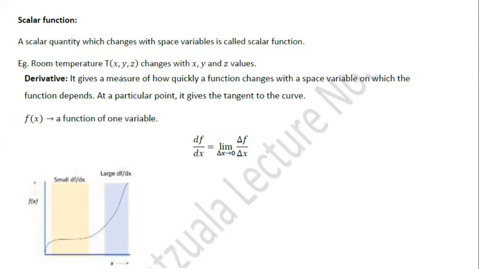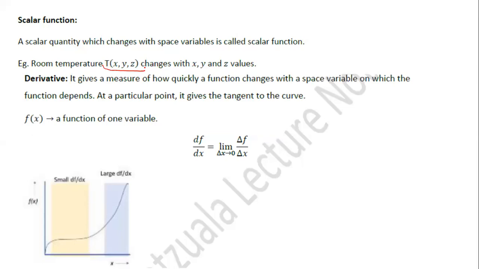A very common example is temperature. Room temperature in your three-dimensional space can also be considered a scalar function, because it varies with coordinate variables like x, y, and z.